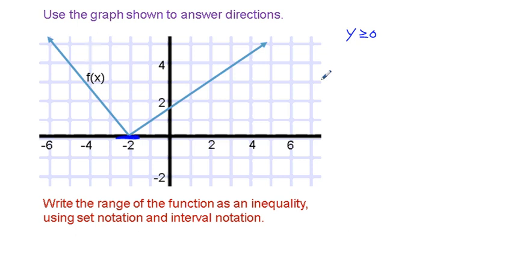And in set notation, we can write that as y such that y is greater than or equal to 0. And finally, in interval notation, we can write that as open bracket 0, comma, infinity. We are going up toward positive infinity.